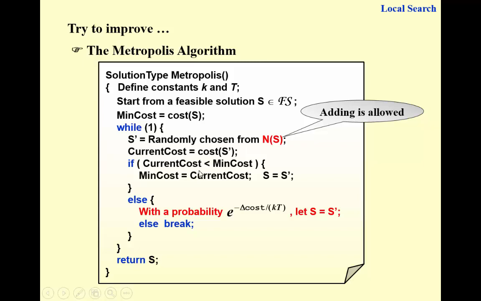If this cost is better, then we update the mean cost and update the solution and go on to the next step. Otherwise, if this solution is worse, not better than the previous one, still we might update it with a given probability. And the probability is calculated according to this function. So it's a kind of randomized local search.